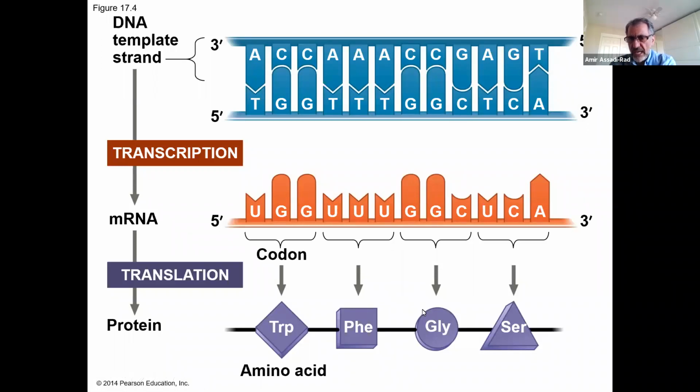GGC will give you glycine. UCA, I'm reading from left to right. Remember that? If I read it from right to left, it's going to be a different amino acid. I have to say that during the exam: reading from left to right, UCA is serine.